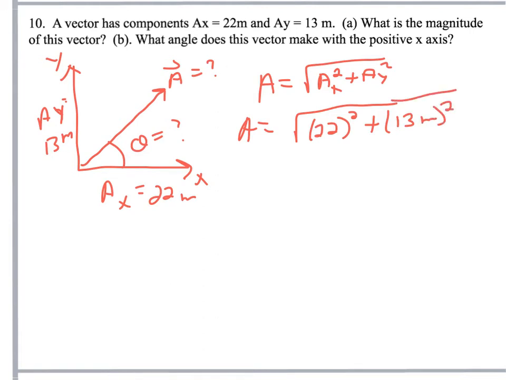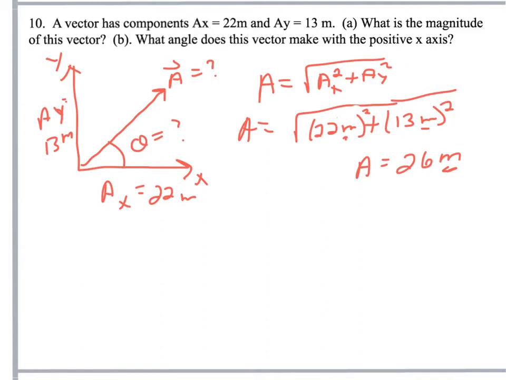And a sub y is 13 meters, and we want to square that. It's always good convention to keep your units in there. I got a little sloppy there. When you solve that, it comes out to a equals 26 meters. If you don't put your units in, it's real easy to forget them, so that's why you really want to keep those units going forward.